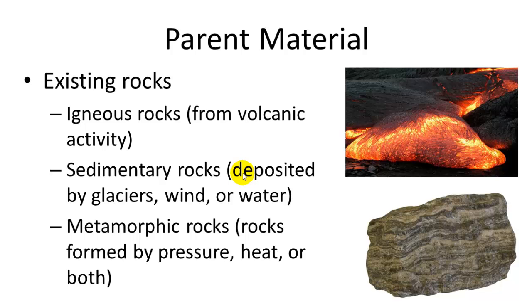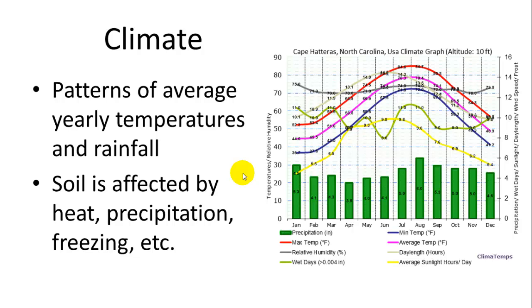Climate, of course, affects the soil, and climate is the patterns of average yearly temperatures and rainfall. Here we have a climate diagram, which has a lot of information on it, but mostly temperature and precipitation is what greatly affects the soil.